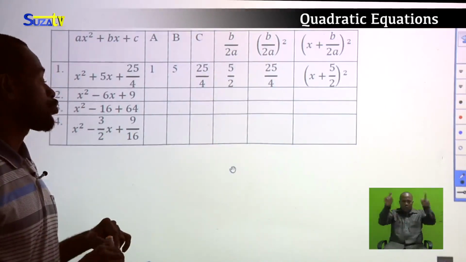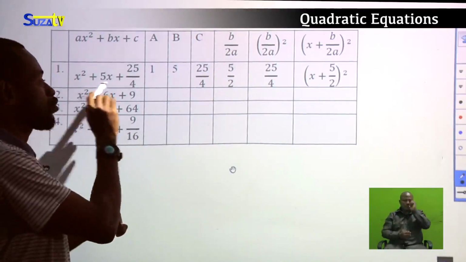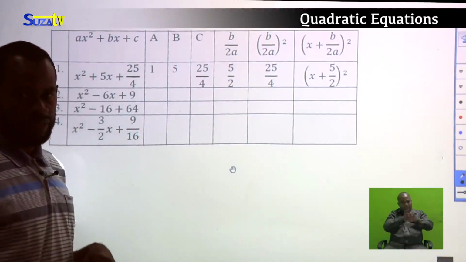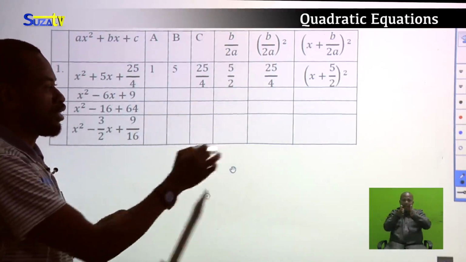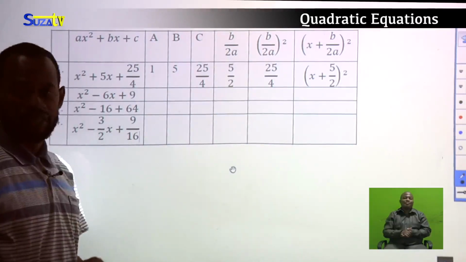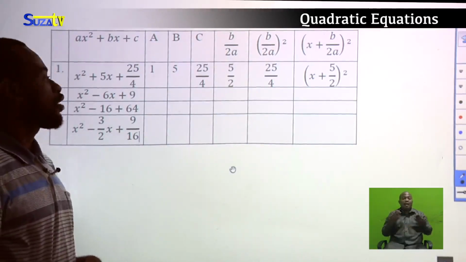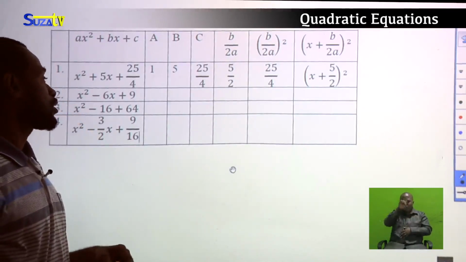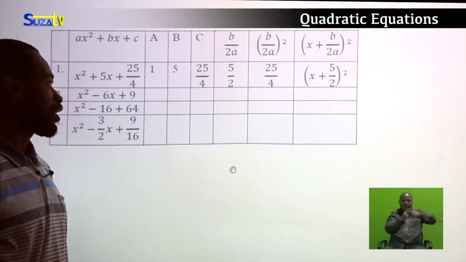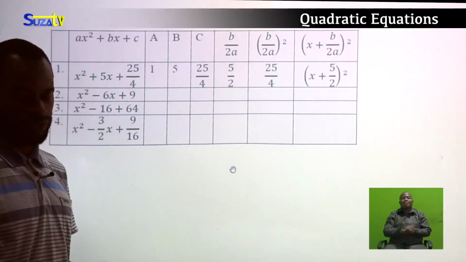So now let's use example number 1 here, displayed from the table, so we can fill the gaps here. The expression says x squared plus 5x plus 25 over 4.